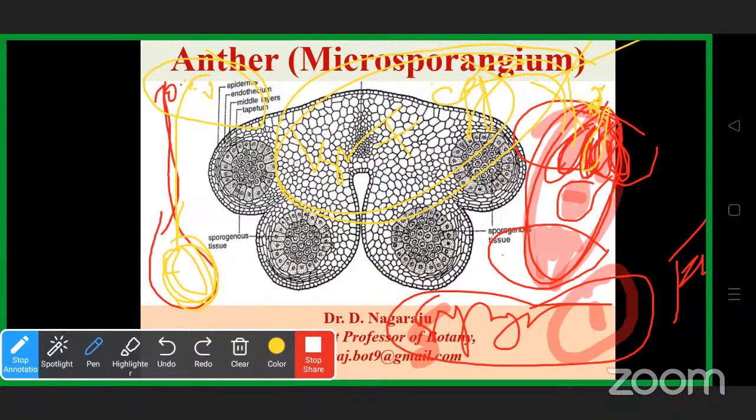Here in the dicot, what is happening? The first male gamete is mating with the egg cell and forming the zygote, the diploid embryo. And the second male gamete is fusing with the polar nuclei, or secondary nucleus.